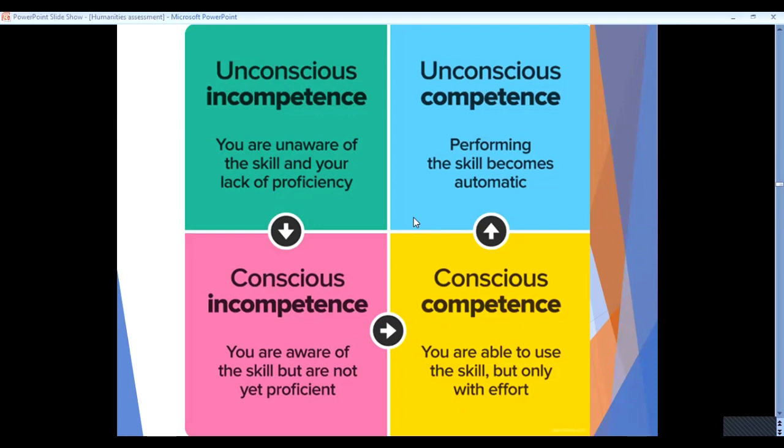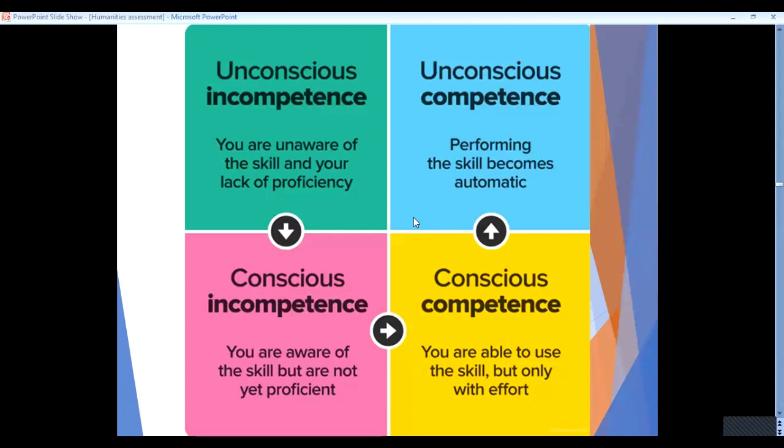And with appropriate teaching learning methods and assessment methods, the students enter the yellow square, which is the square of conscious competence. That means the students are conscious of their skills and attitudes, and they become competent also. Later on, with good assessment methods and good teaching learning strategies, the students will reach the state of unconscious competence.